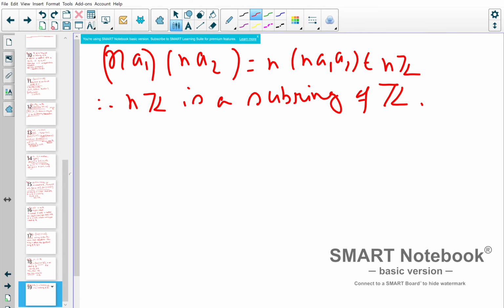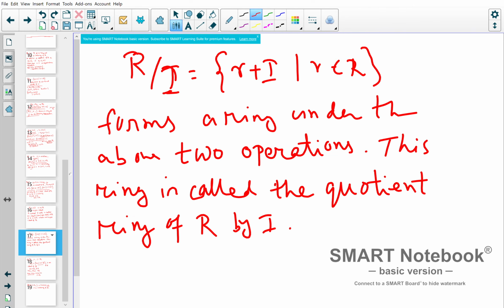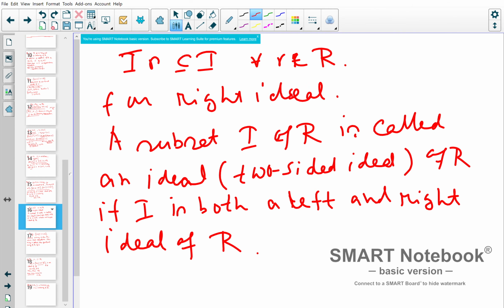Okay. And for the second property, you need to check that it absorbs, right? So one thing is clear: the ideal is the analog of normal subgroups, right?